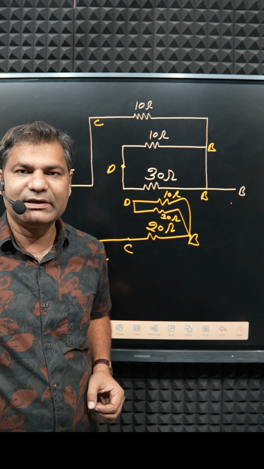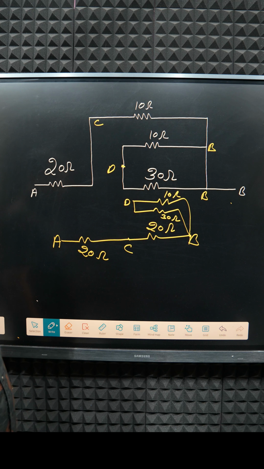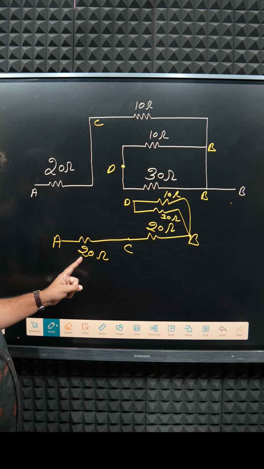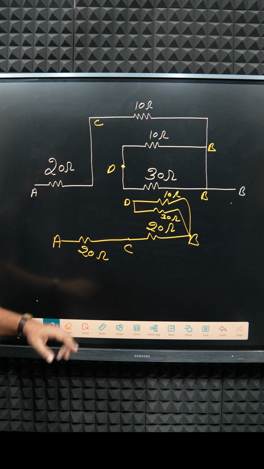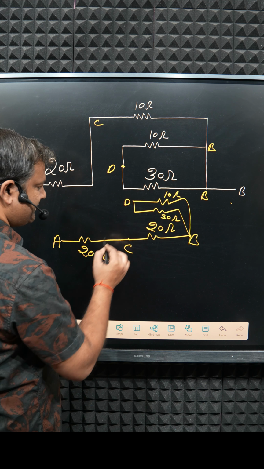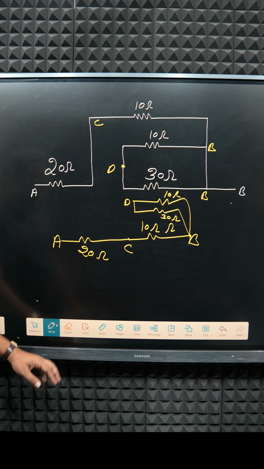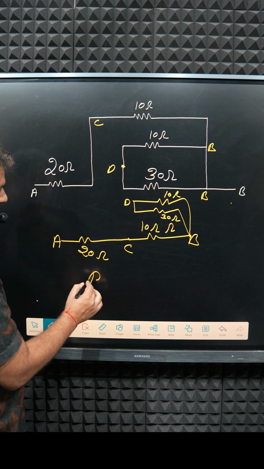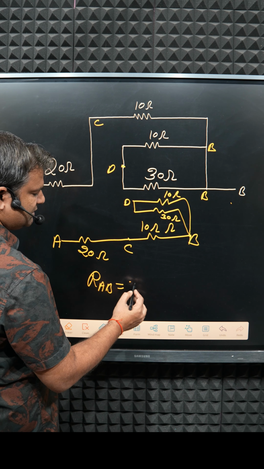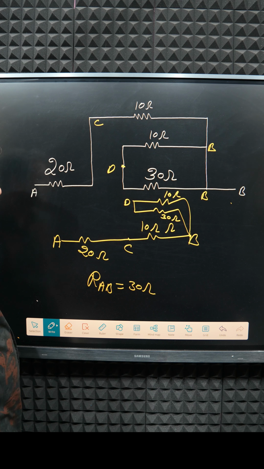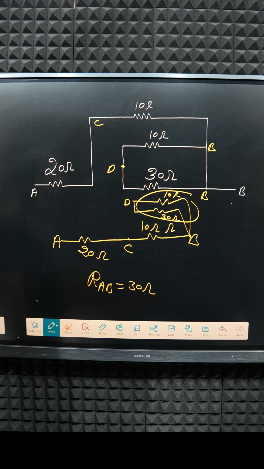Our motto is to determine the equivalent resistance between A and B. So A to C is 20, and CB is 10, a silly mistake there, that is 10 ohm. So R of AB is how much? Simply 20 plus 10, 30 ohm is the final answer. Again, you can see these two are dummy resistances.